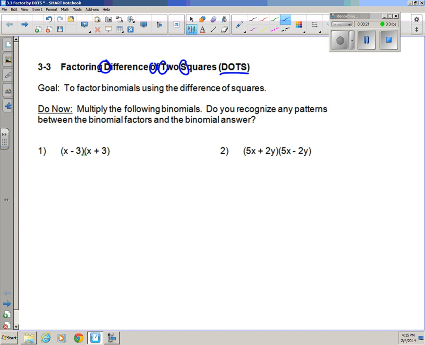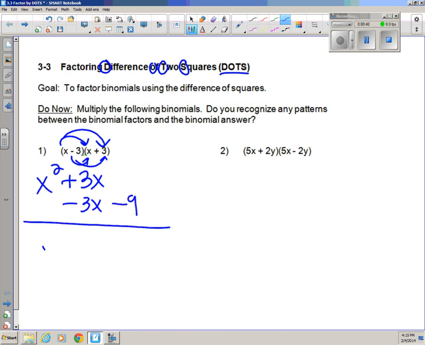Your Do Now is just to multiply the following binomials and see if you recognize any pattern between the binomial factors and the binomial answer. As you multiply through by the distributive property, x squared plus 3x minus 3x minus 9. When you combine like terms, the x terms cancel out, and you're left with this binomial x squared minus 9.